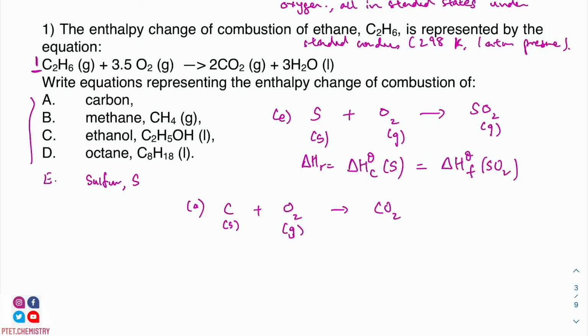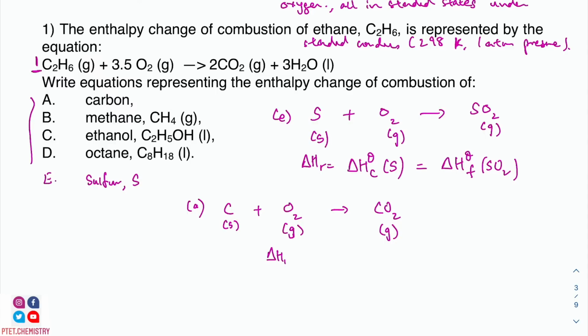There are a couple of videos online where they combust diamond and they bubble the gas formed through lime water, which is a test for CO2, and it turns milky. So it confirmed that burning diamond at a very high temperature does give you CO2, all right? So this reaction combusts 1 mole of carbon, 1 mole of the substance, in excess oxygen, all of them in standard states, and this was done under standard conditions.